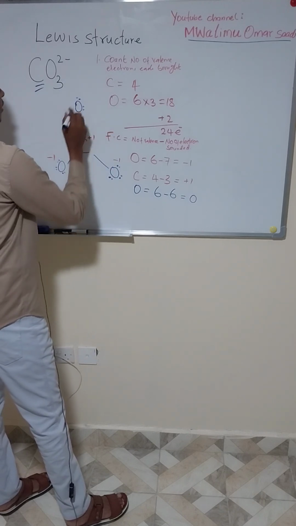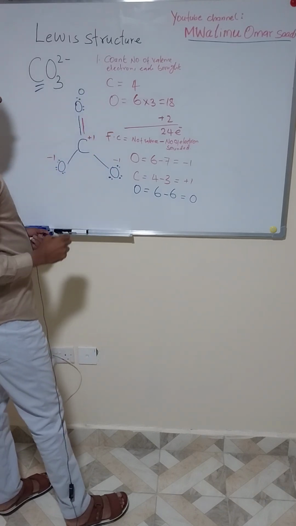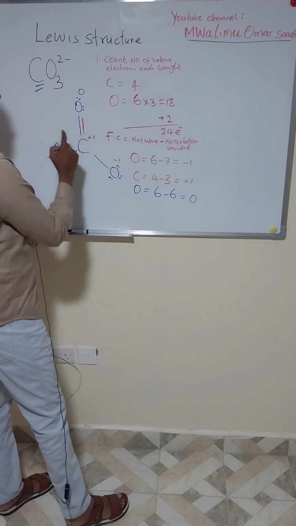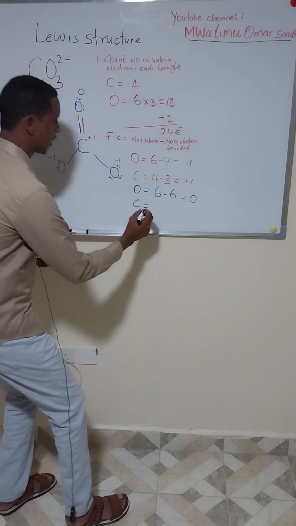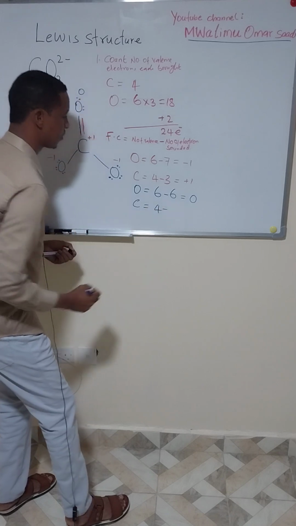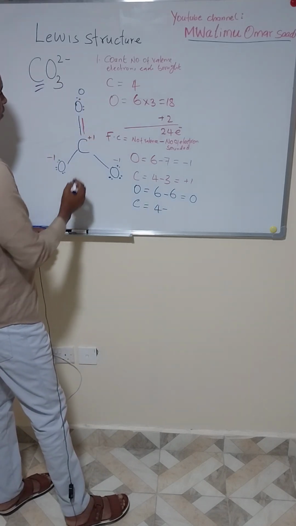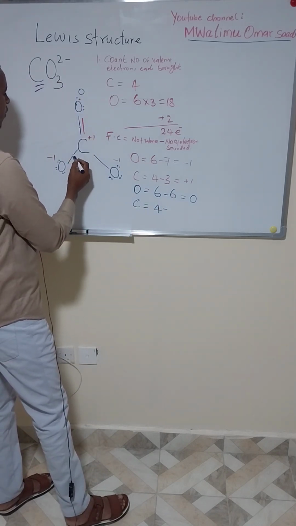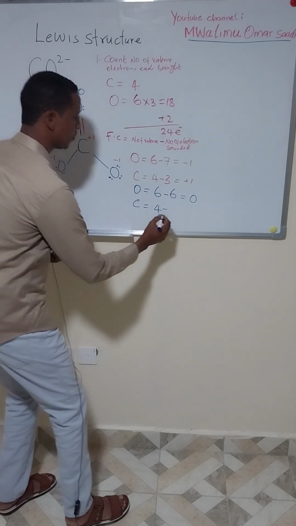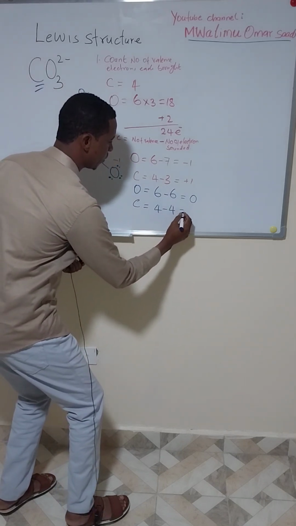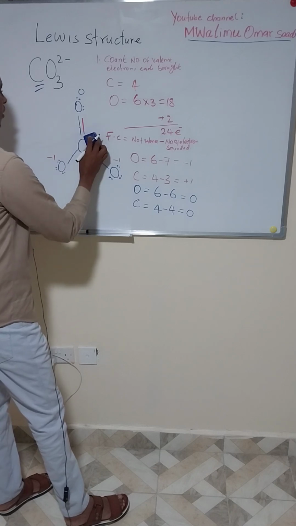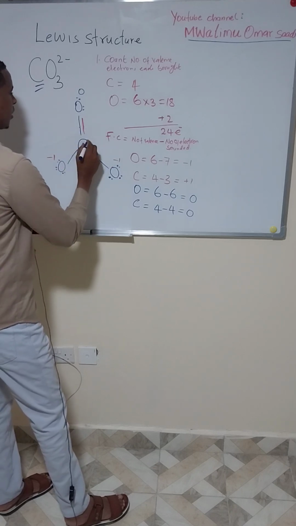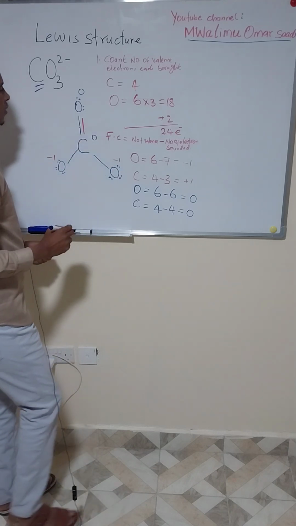And then carbon brought 4 valence electrons, minus surrounded by 1, 2, 3, 4, minus 4, which is 0. So carbon has a formal charge of 0.